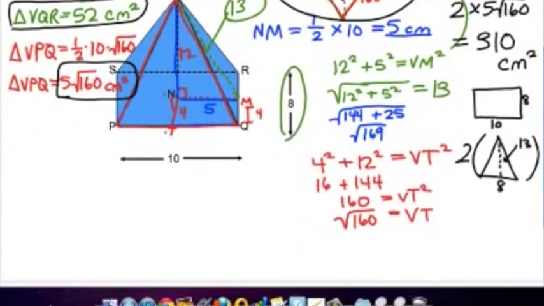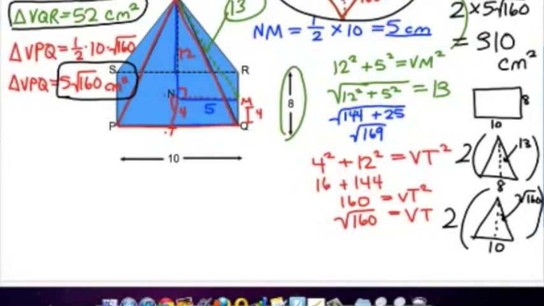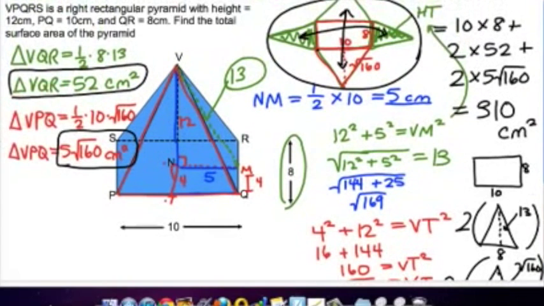And then I have 2 triangles, which actually can be pointed that way, with a base of 10 and a height of the square root of 160. So if you remember the surface area, you're just adding up the base area and the area of all the lateral faces. And you have your answer of 310 square centimeters.